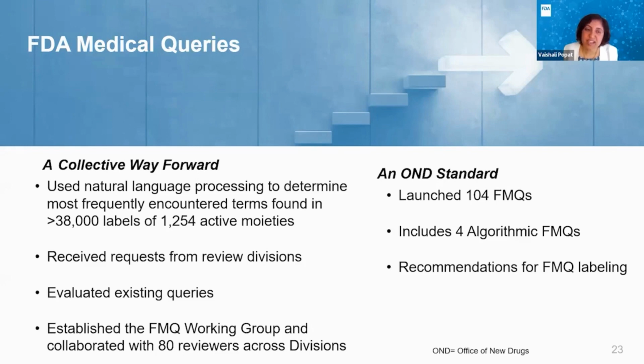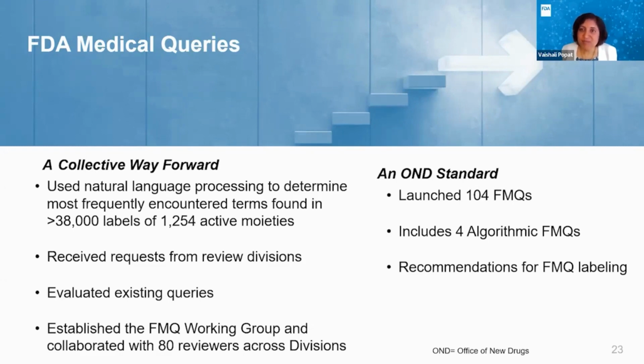And we felt that for the pre-market setting, none of these existing queries really met the need, and therefore we established the FMQ working group and collaborated with 80 reviewers across divisions. This really is a great strength of the FDA medical queries, because these are reviewers who are subject matter experts.